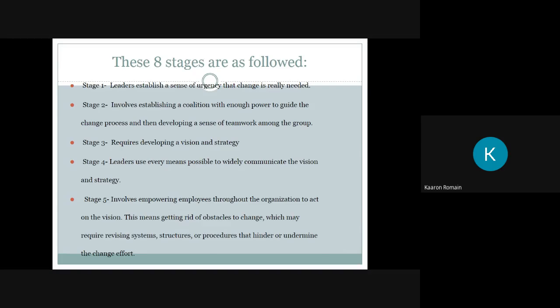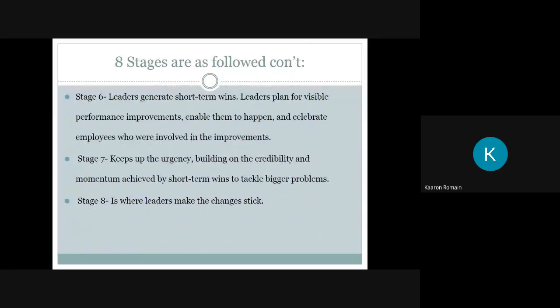Stage 5 involves empowering employees throughout the organization to act on the vision. This means getting rid of obstacles to change, which may require revising systems, structures, or procedures that hinder or undermine the change in effect. Stage 6. Leaders generate short-term wins.